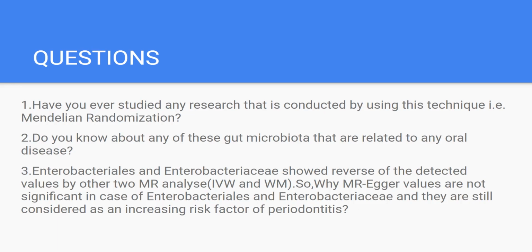I just want to know, because they had a p-value of more than 0.05. So what do you guys think? If their MR-Egger values were not supported, why did they consider them as positively causing microbiotas towards periodontitis?